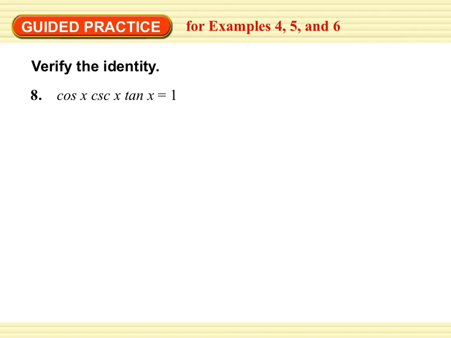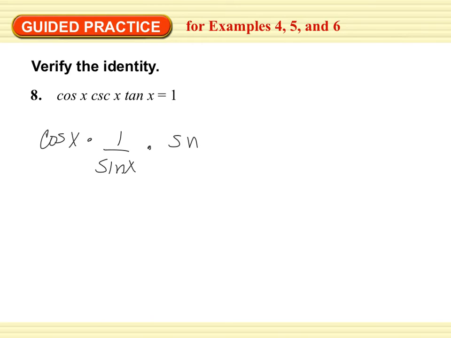Cosecant x, cosine x, cosecant x, tangent x equals 1. Oof. Well, the left is definitely messier than the right. So let's break these things down into what we know. Cosine x doesn't do much. Cosecant is the same as 1 over sine. And tangent is the same as sine over cosine.